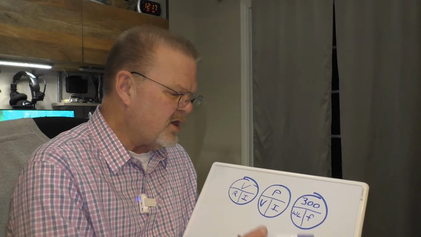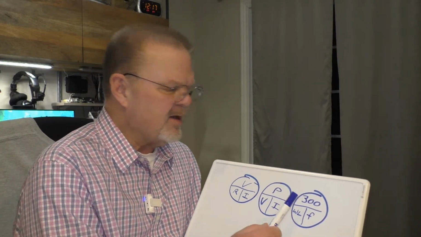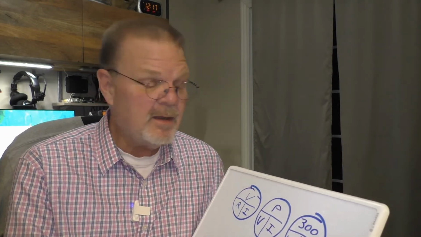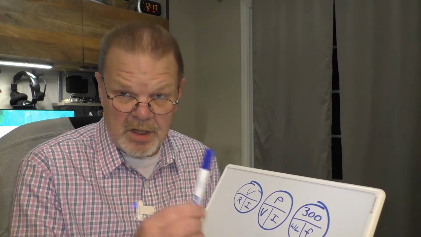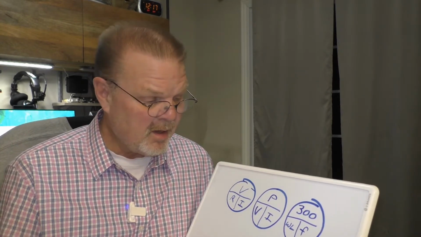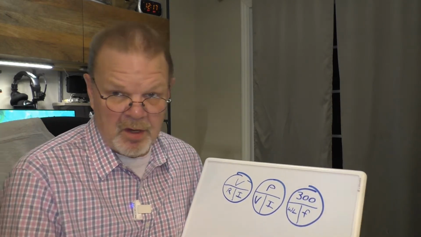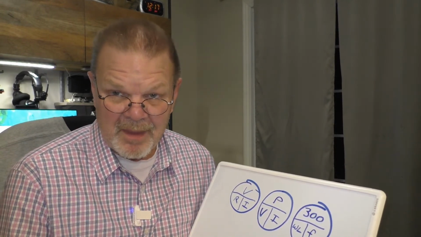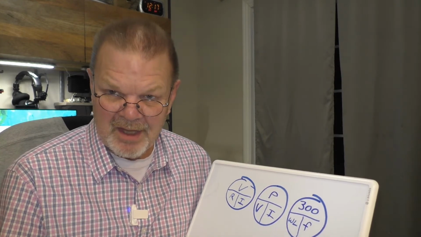Now, why 300? That is because the speed of light is 300 million meters per second. The frequency is going to be put in megahertz. Mega means million.